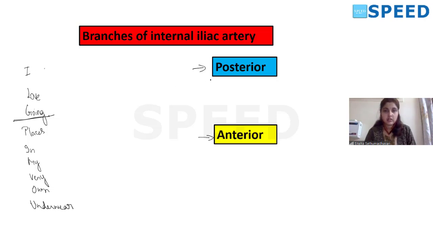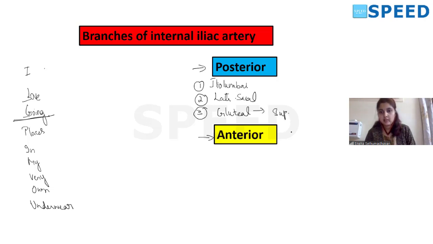Now I is for iliolumbar. Second will be L is lateral sacral. Third G will be the gluteal artery. Now the gluteal has two branches, superior and inferior. And the inferior will come here. So remember that inferior branch of the gluteal will be in the anterior division.